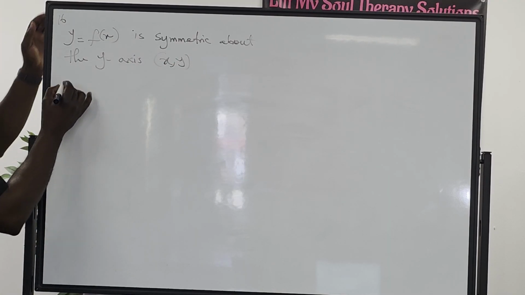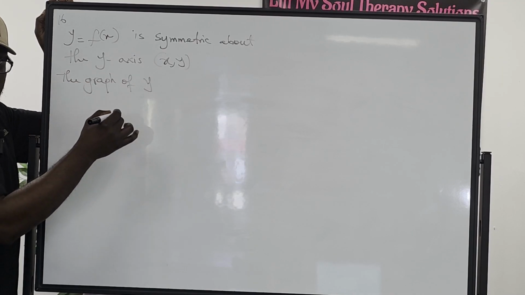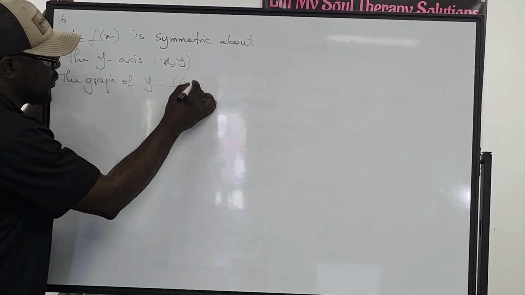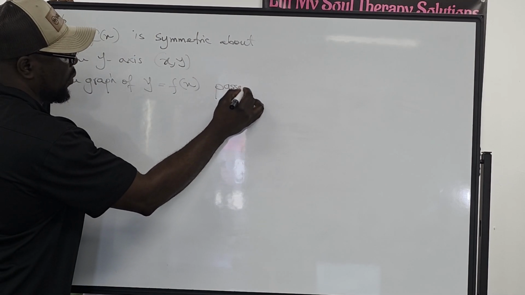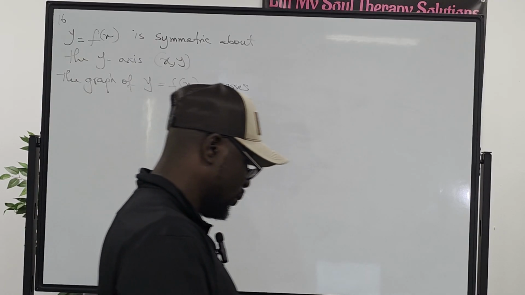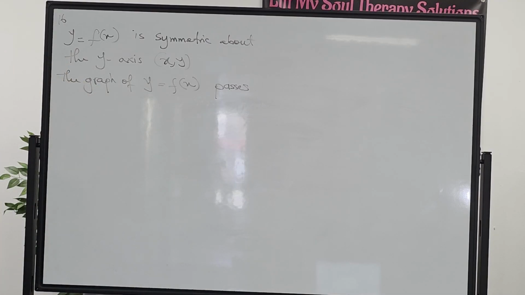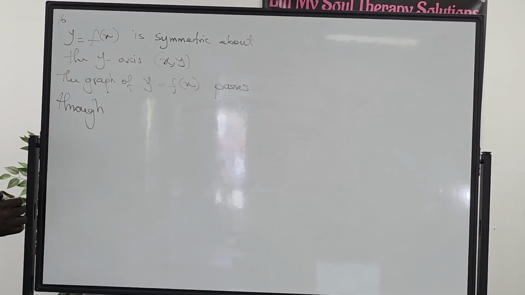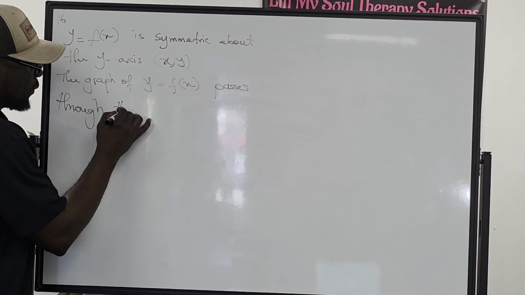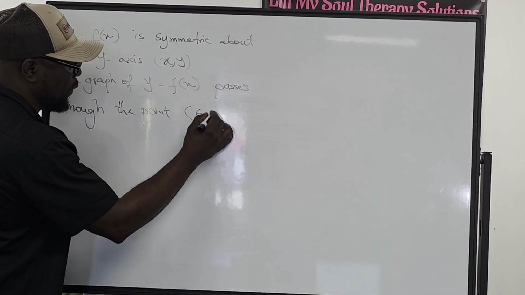The graph of y equals f(x) passes through the point 6, 51.